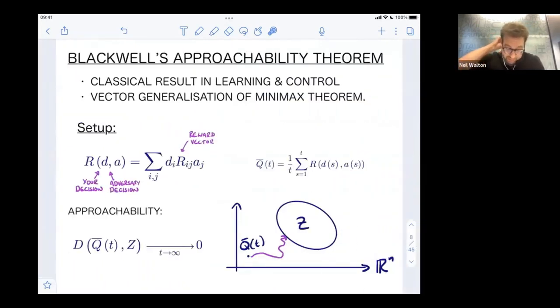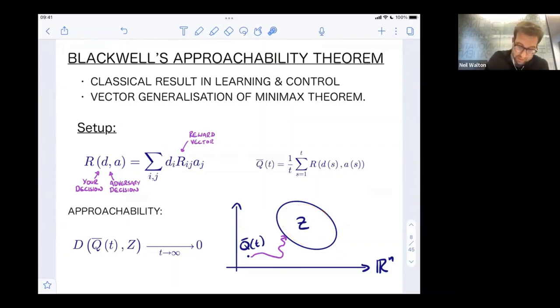Okay, so what does Blackwell's approachability theorem do? I won't go into too much detail, but essentially it's a result where I can make some random walk that's controlled in time, and I'm able to make it go towards some convex set. If I'm able to get that, I say that my random walk is approachable, that I can control its behavior towards some convex set, and otherwise I say it isn't approachable.